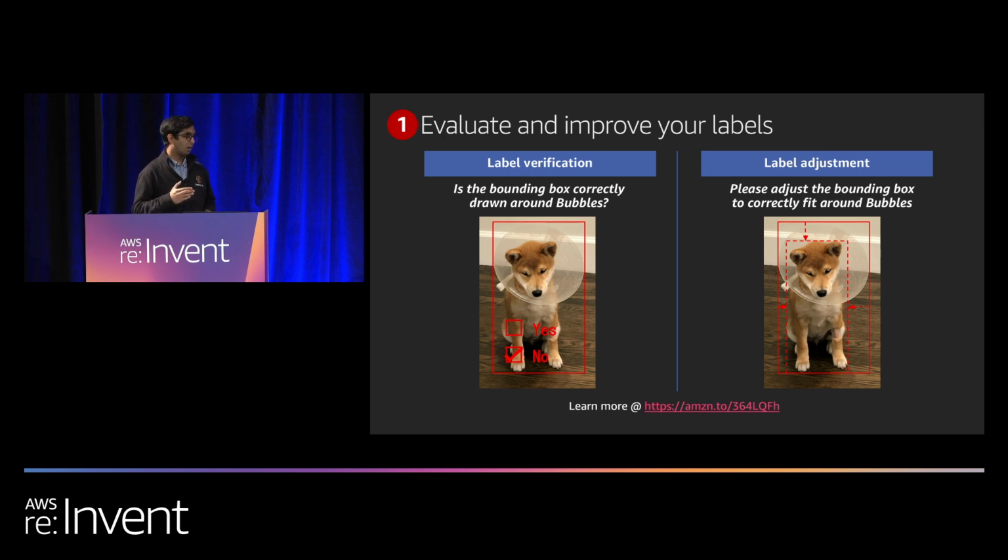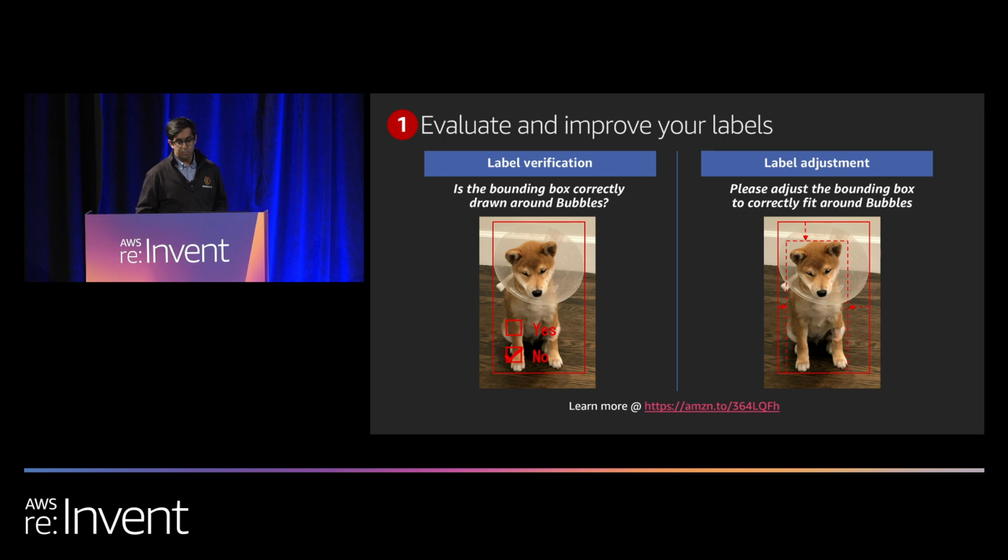Your clarity will come over the course of continuous experimentation. And that's just the state of the art right now. Along those lines, what we tried to build in Ground Truth is to allow you to easily and continuously evaluate, first of all, the accuracy of the labels that were produced, as well as adjust the labels that were produced, right?